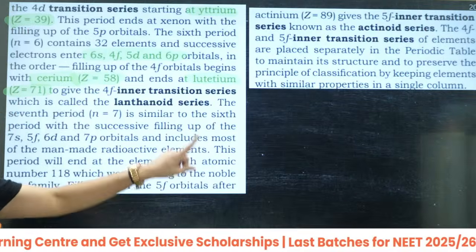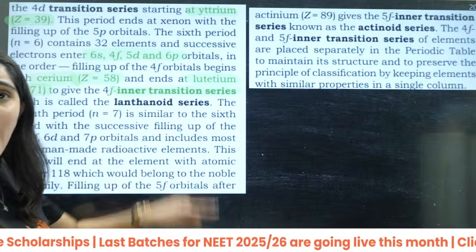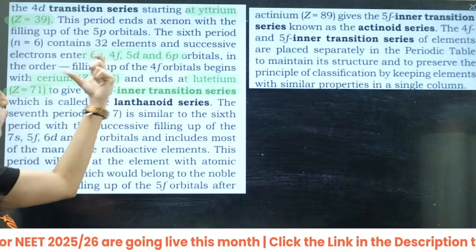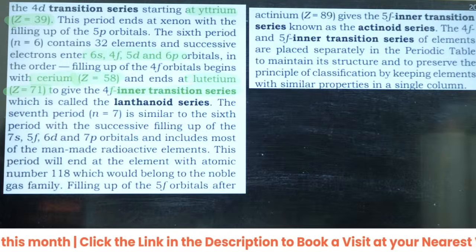These are called the inner transition elements. You have to remember from where it starts and where it ends, right? These are the lanthanoids that start from 58 to 71, right?